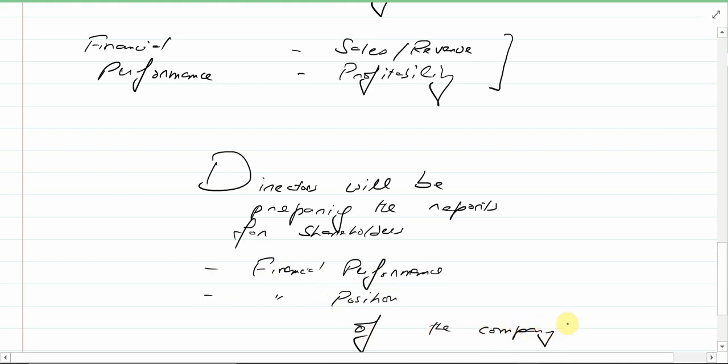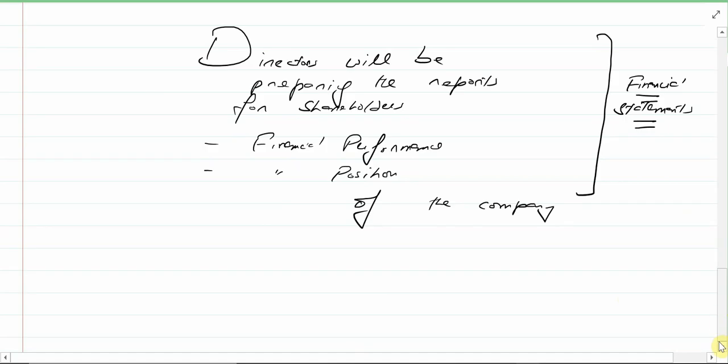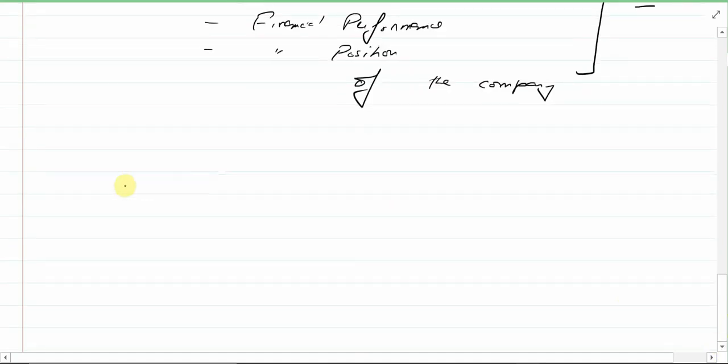These reports, in which there is the financial data regarding the performance and position, are known as the financial statements.